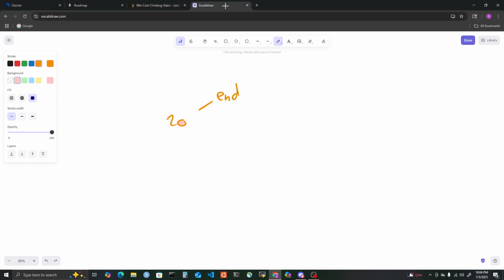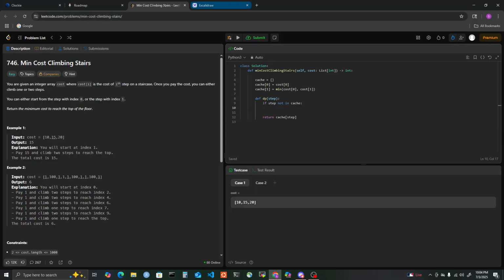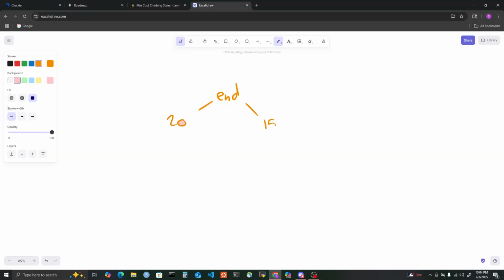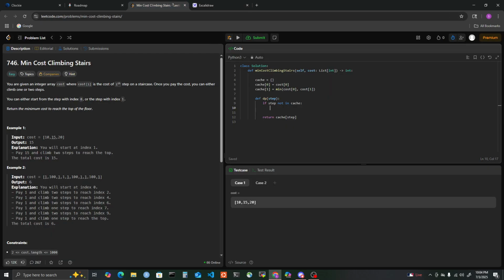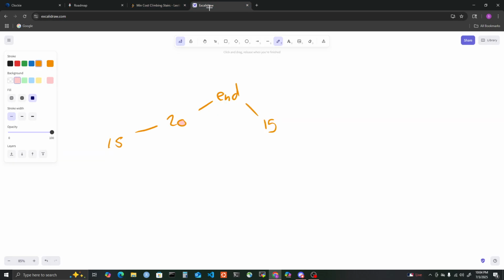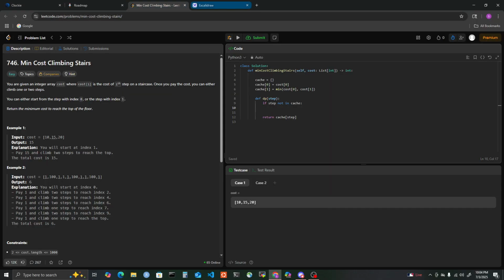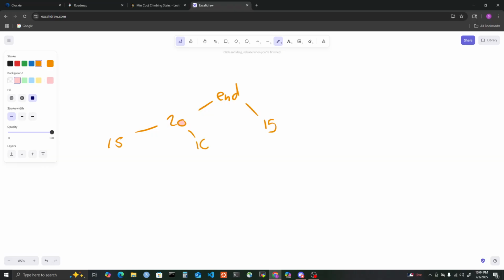Actually, I'm not going to use a circle. I think the circle is going to confuse me. I can either take the cost of the 20, or I can take the cost of the 15. Right? And then from the 20, I can take the cost of the 15, or I can take the cost of the 10. From the 15, I can either take the cost of the 10, or nothing. Right? And here you go. The cost of the 10, or I can take the cost of nothing.